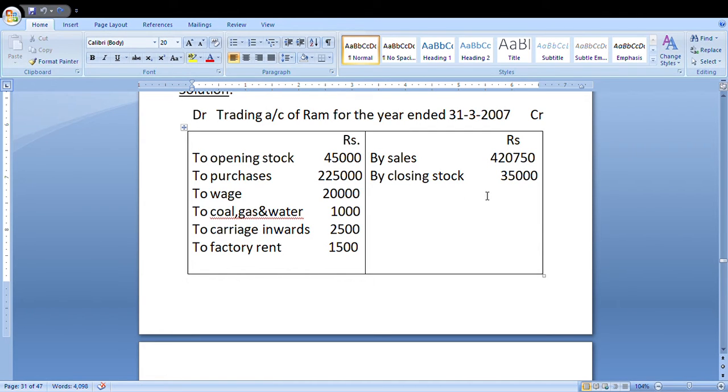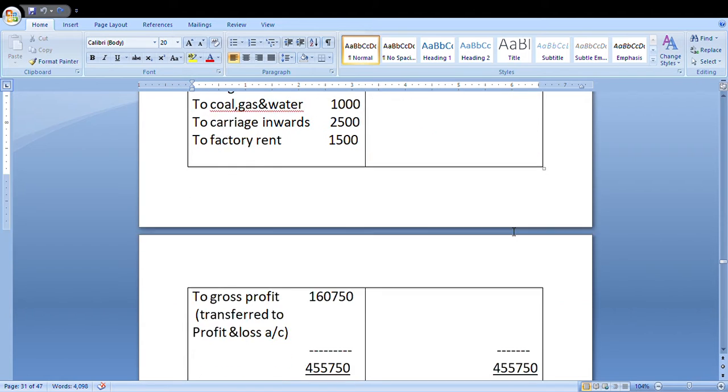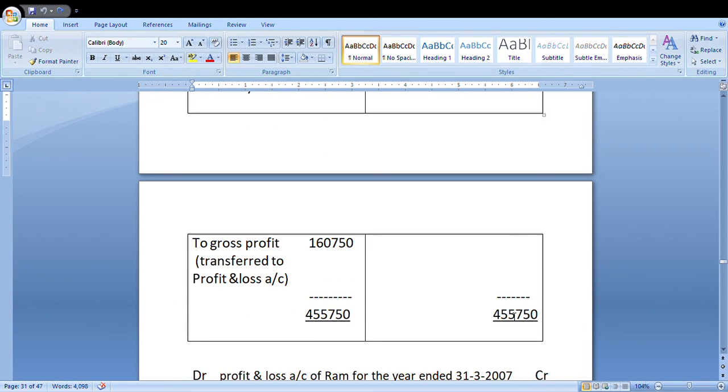Then you total the credit side. This amount is entered here. These two should also be equal. This total credit amount you enter on the debit side total.